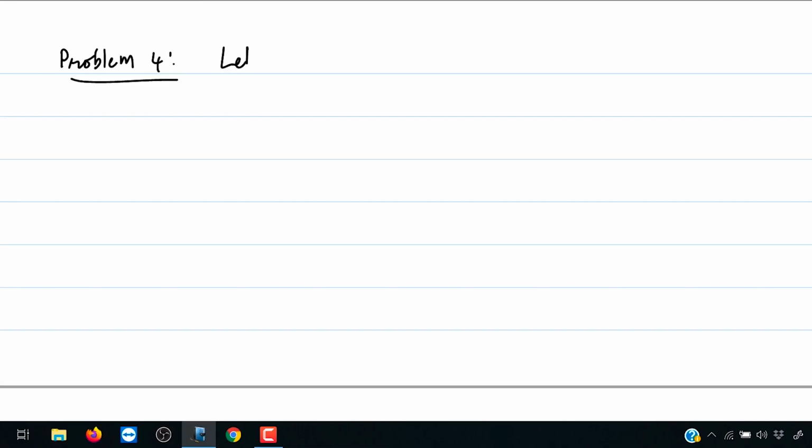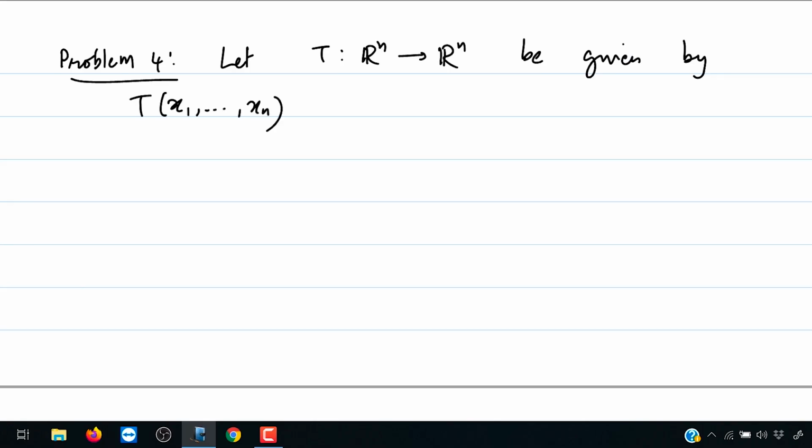So let T from Rn to Rn be given by T of x1, x2 up to xn equal, by definition, to x1 plus x2 plus up to xn, comma x1 plus x2 plus up to xn, and so on, x1 plus x2 plus up to xn.